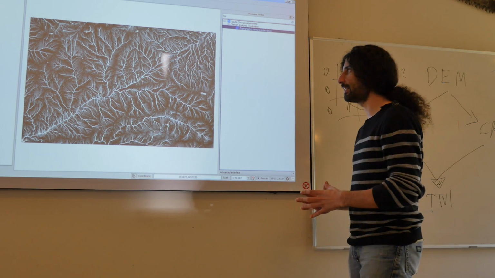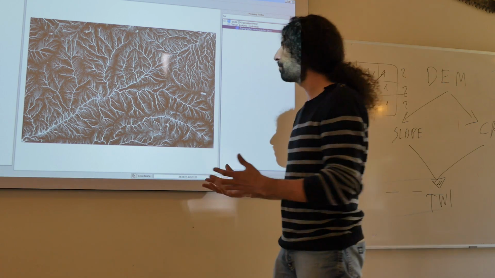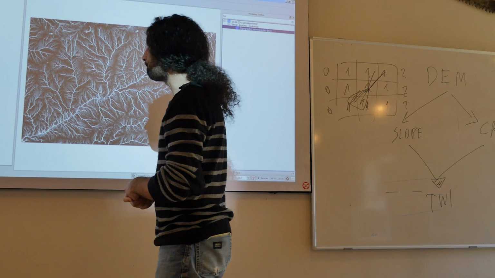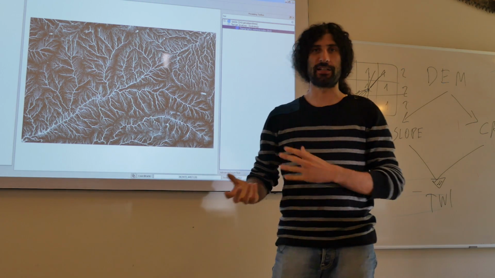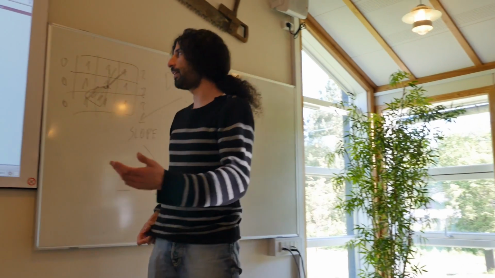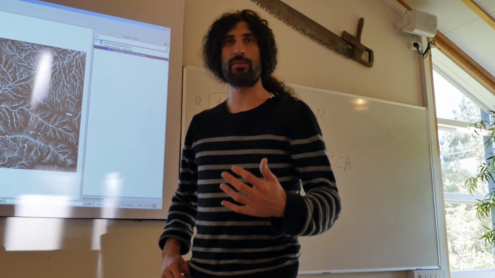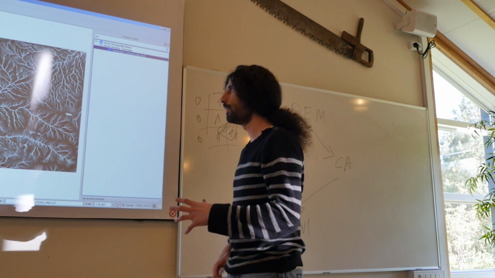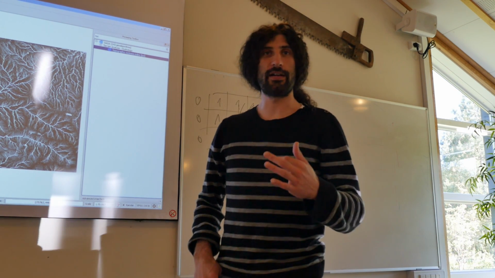So that's basically the idea, and the expression is pretty simple. It's just taking the catchment area and dividing it by the slope. That's the wetness index computed, right? I explained the idea, the meaning, more or less. There are other indexes that use the catchment area and the slope.